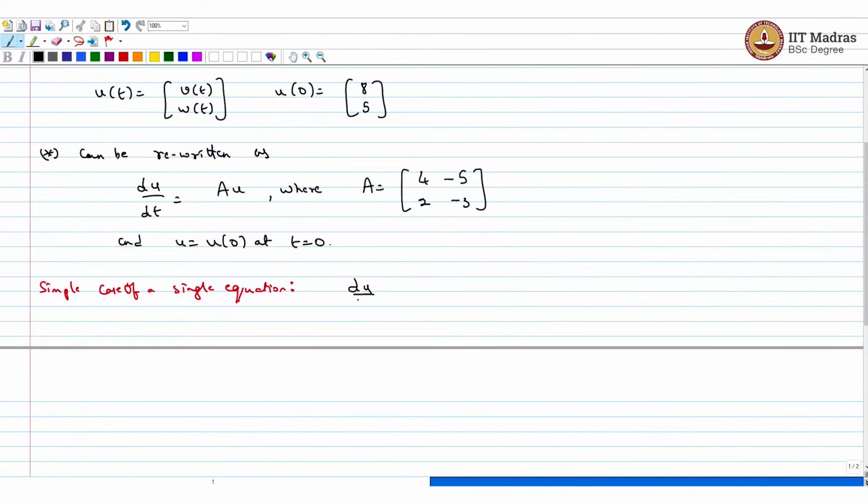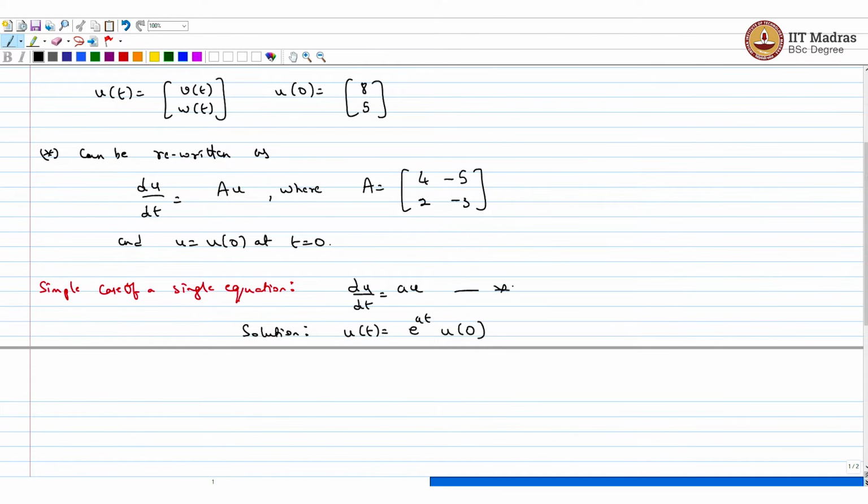I just have du by dt equals a times u, and a solution would be u of t equals e power a t into u of 0.